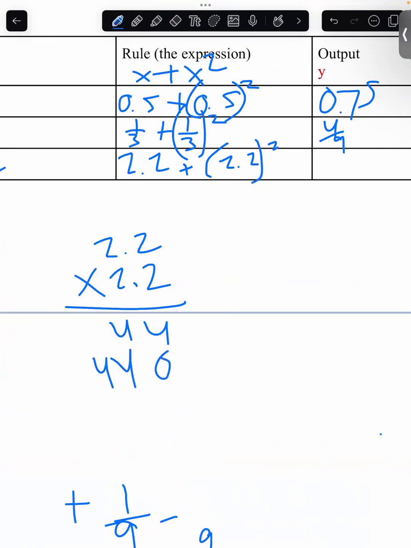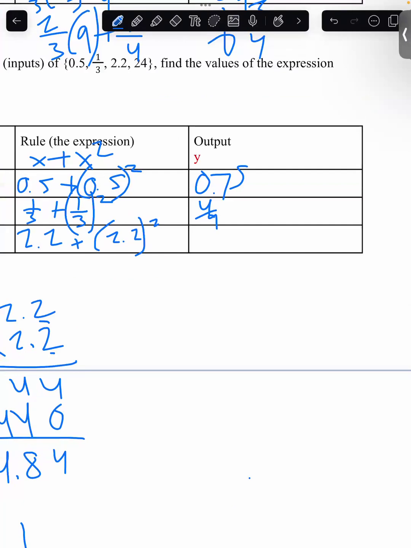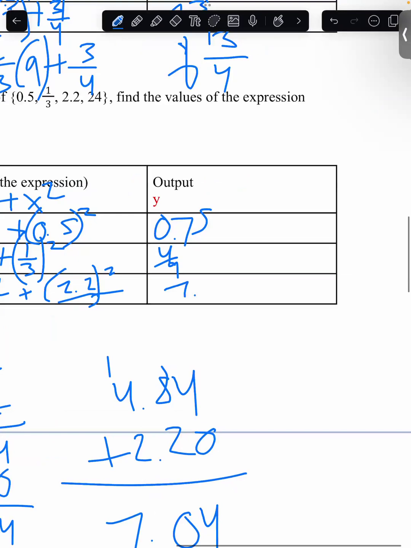And then that's going to be 44 again. Add those up. 2 decimal places in the problem, so 2 in the answer. So that's 4.84. But do not be deceived because that was just this part right here. So 4.84 plus 2.2. Make sure you line up the decimal in the problem and in the answer. So 7.04.